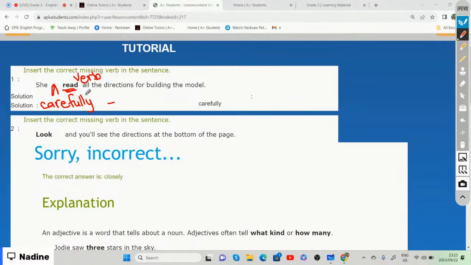So basically, carefully is an adverb that tells us how we read the directions, or how she read the directions.